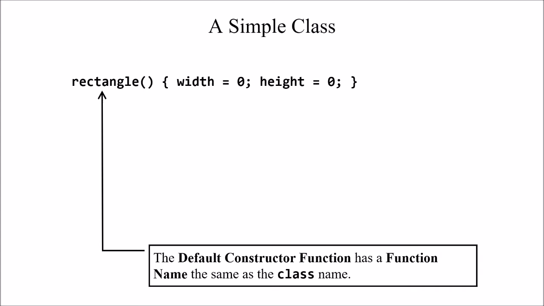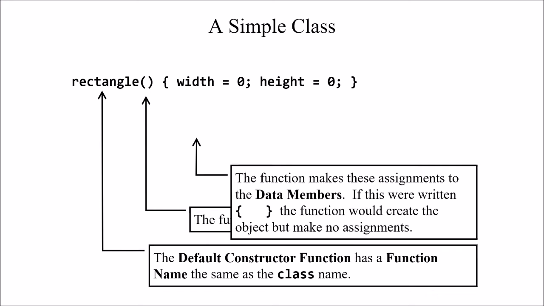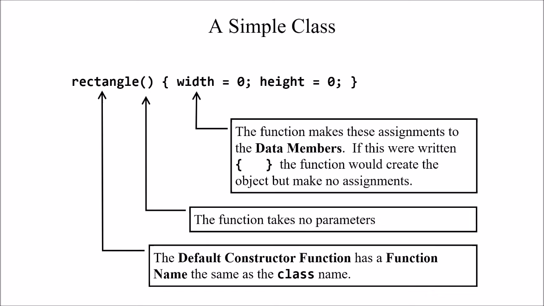That is how the compiler recognizes these as constructor functions. So the function name is the same as the class name. The empty parentheses indicate that this function takes no parameters, and the function itself is written inside the curly braces. And since this is a short function, I've written it all together here on one line of code.